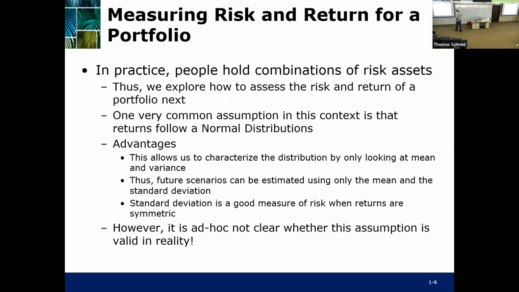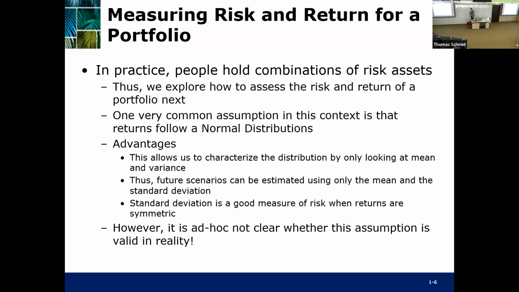If we combine different assets in a portfolio and then we assess the risk and the return of the portfolio, we will have to assume normality, a normal distribution, a Gaussian distribution. Otherwise, things will become mathematically very difficult. So the advantage of using this normality assumption is really that things become mathematically very easy.